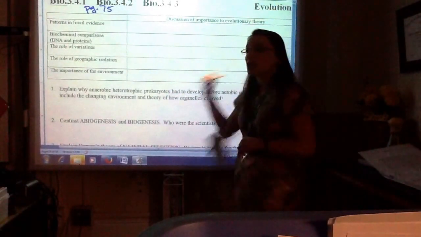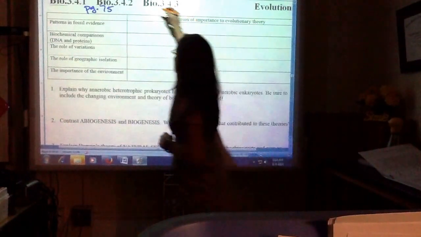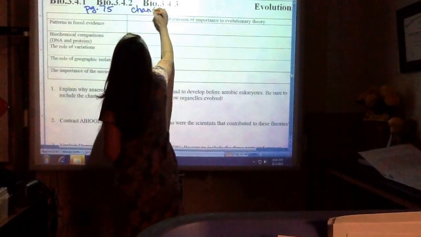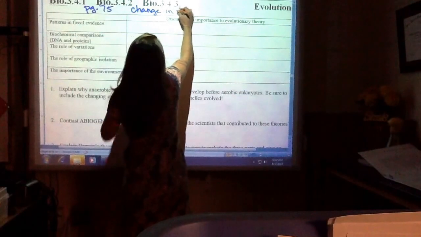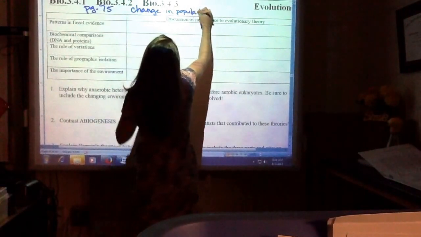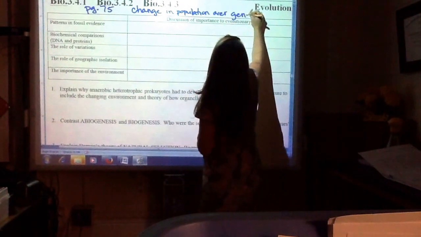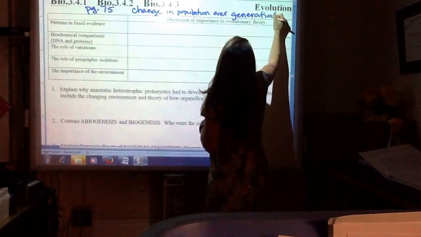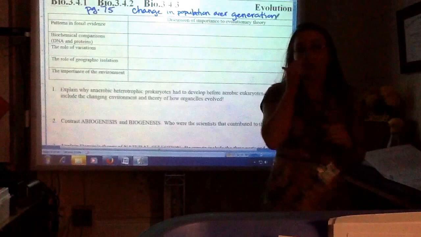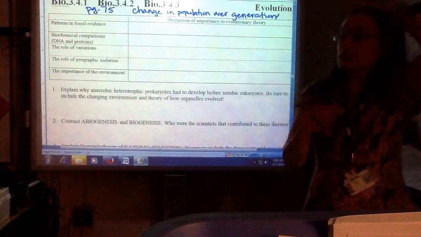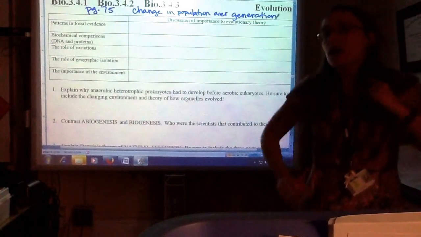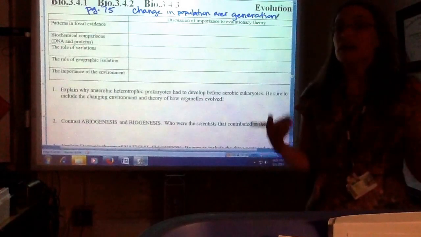what evolution is. Evolution is a change in a population over generations. A change in a population over generations. So if I have a bacteria and I spray an antibiotic on it, that bacteria will not evolve.